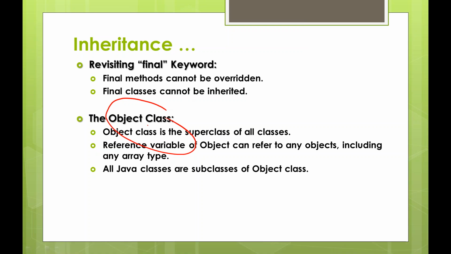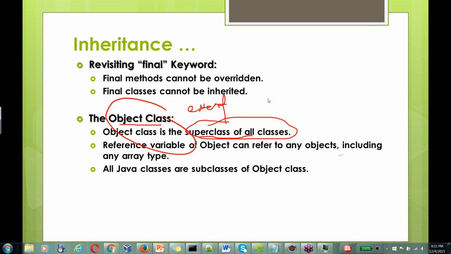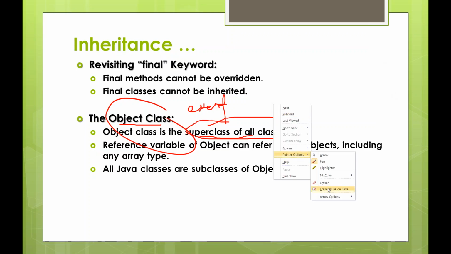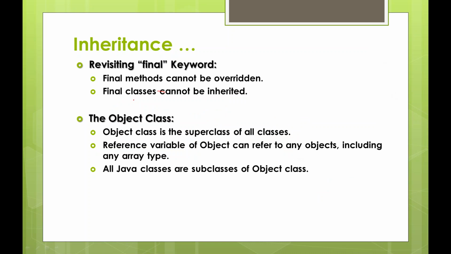What is the importance of this particular class? This is a super class of all Java classes. We don't specify it with the extends keyword, but Object is a super class of all your Java classes.